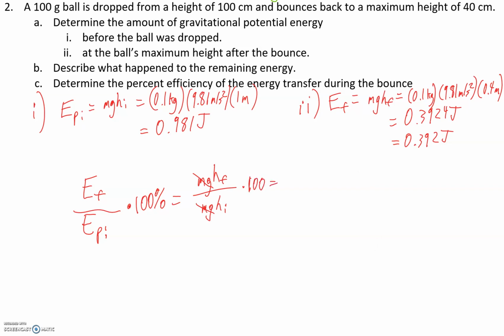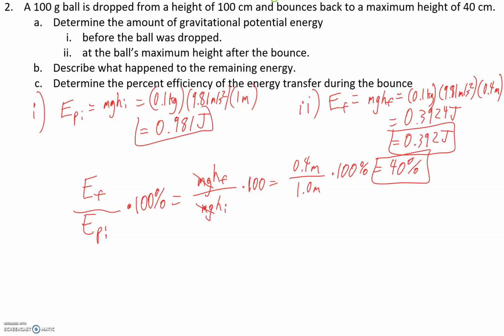And so we're left with 0.4 meters over 1.0 meters times 100, which is going to be 40%. So this bounce is 40% efficient in order for it to bounce back to its original energy.